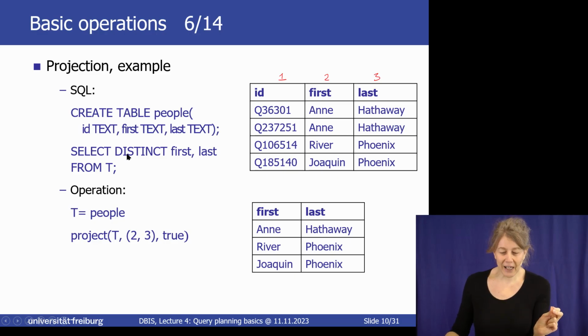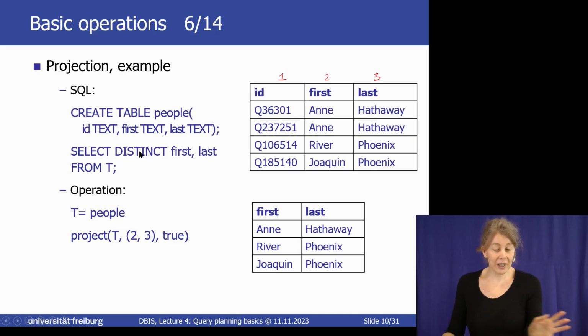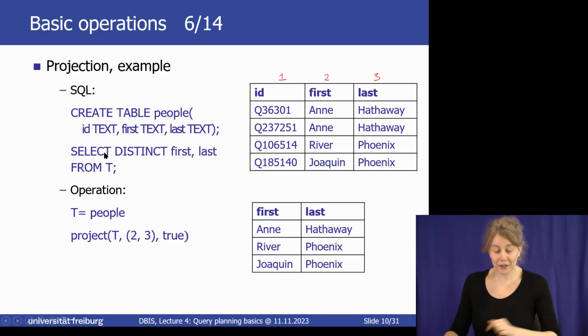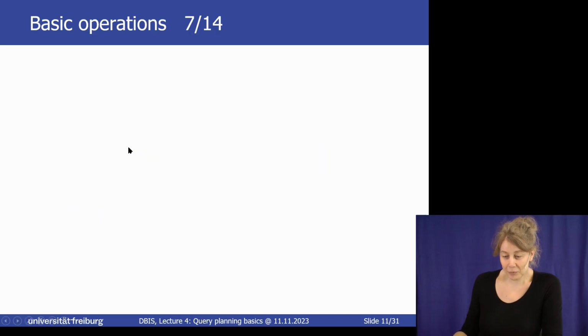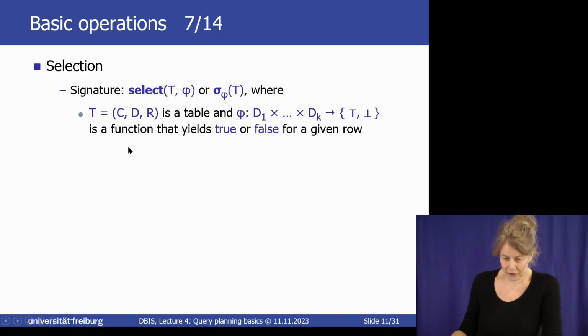When you say select distinct first last, you are selecting certain columns, you say distinct or not. This is classically the database operation project. So what you write in the select clause is project. But there's also an operation called select, which is not what you write in the select clause. It's not my invention, but these are just standard terminologies.